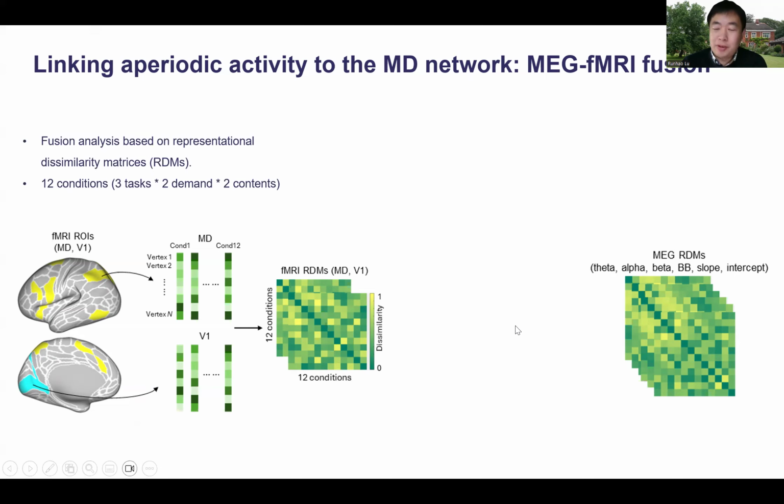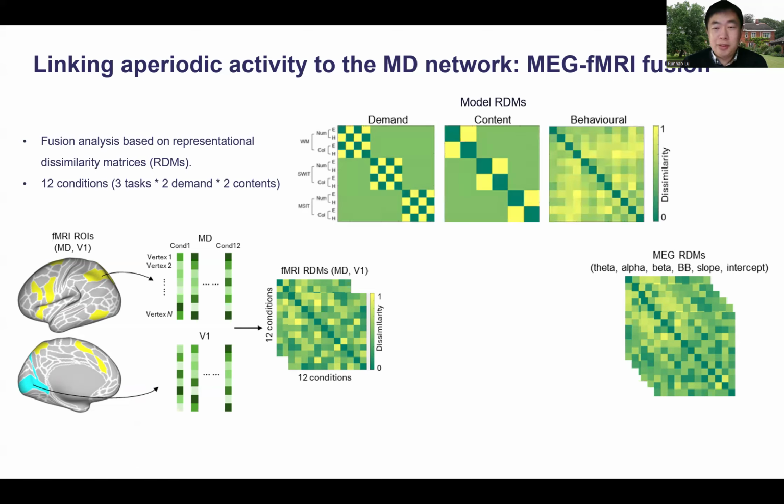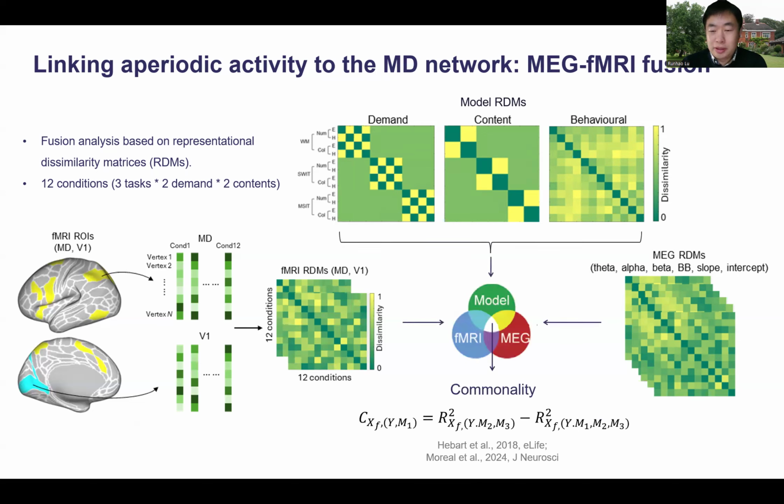For aperiodic, we have broadband power, slope, and intercept. We also have 3 model RDMs to capture task demand, task content, and task-specific differences between tasks captured by behavioral accuracy. Then we combine all 3 RDMs to do the commonality analysis to see how different fMRI regions share information with MEG that could be uniquely explained by the models.